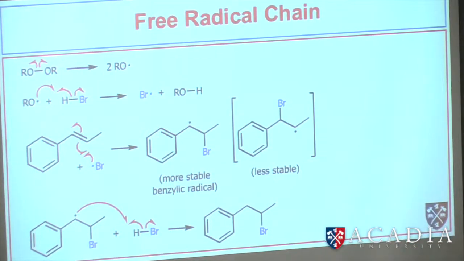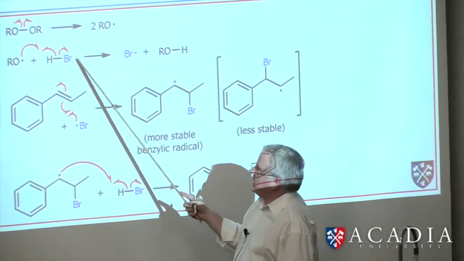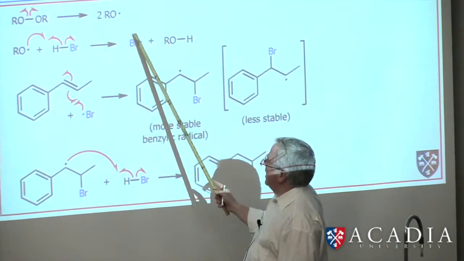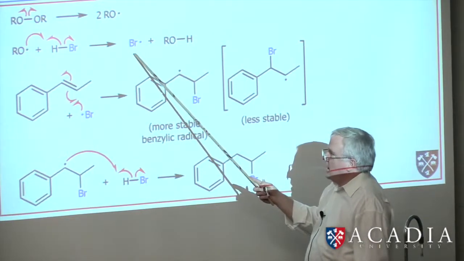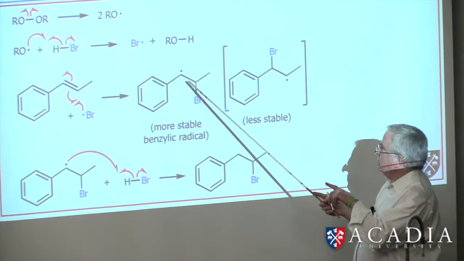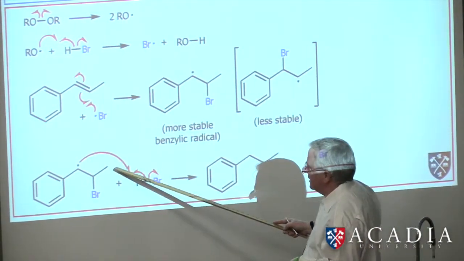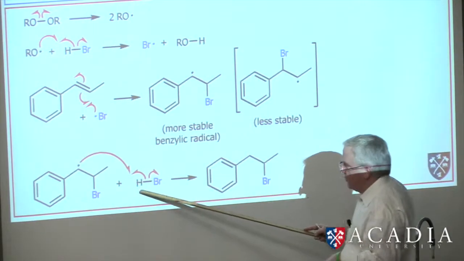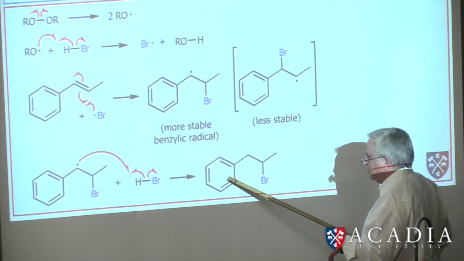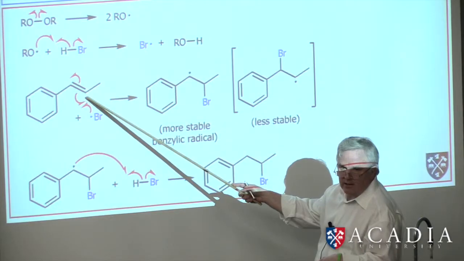So under conditions where we have a peroxide around, we make free radicals. We have lots of HBr around. We're going to abstract that. We're going to form our bromine atom. Our bromine atom just adds to the pi system to form the most stable radical. This is more stable. It will form. That then can start this chain reaction where it will remove a hydrogen atom from hydrogen bromide, producing this product, as well as a bromine atom, which just goes back into the chain.